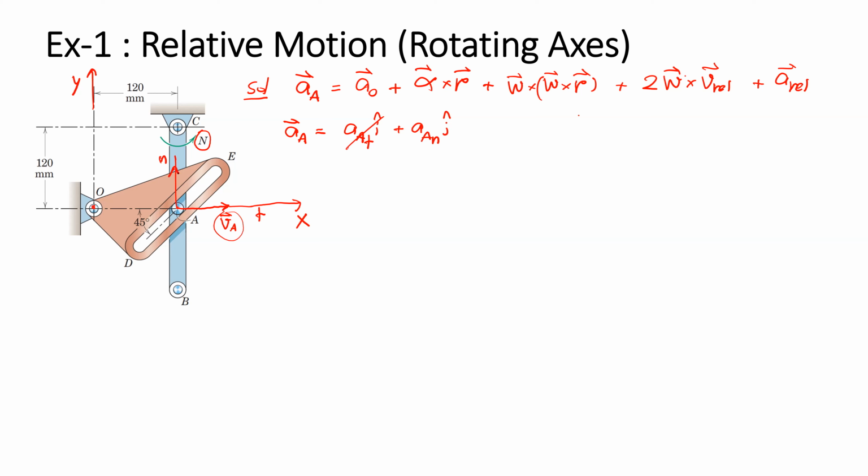if you remember, the normal acceleration in this direction will equal omega square multiplied by the radius from C to A. And the direction of the normal acceleration will be in the j direction.